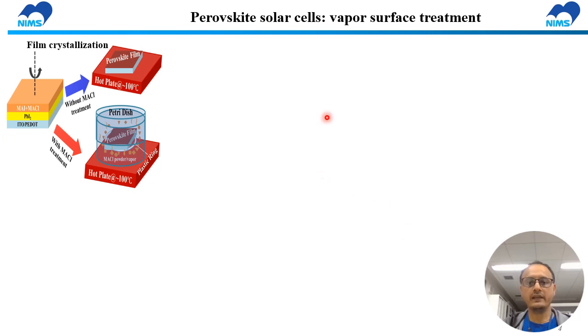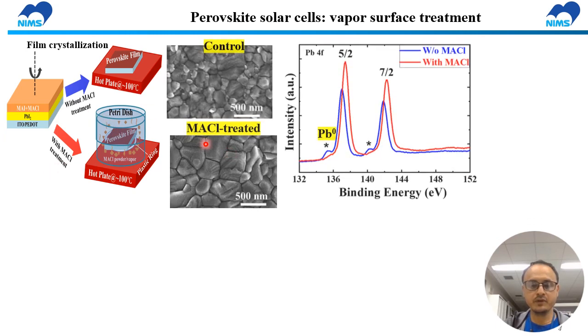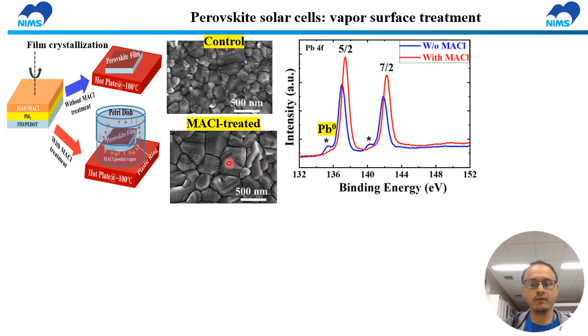In our case, to understand the surface passivation effect, we tried vapor surface treatment using MSCl powder, and we observed improvement in morphology, and it also changed the surface chemistry.